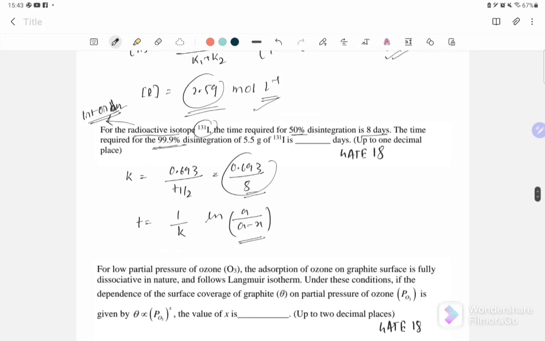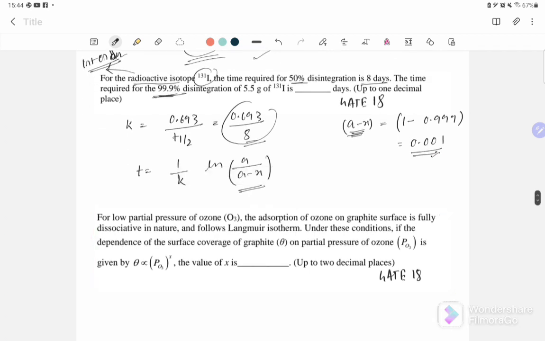Completion of 99.9% means a minus x is the remaining one. What is remaining? 1 minus 0.999, that is 0.001.